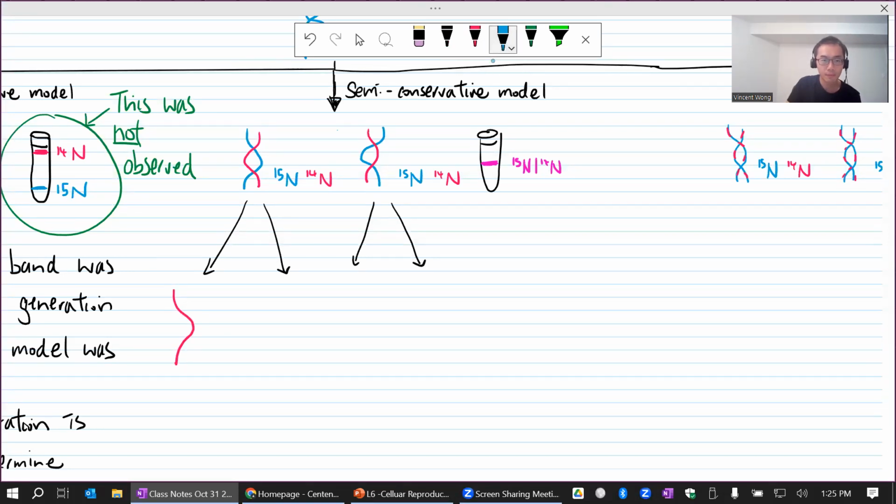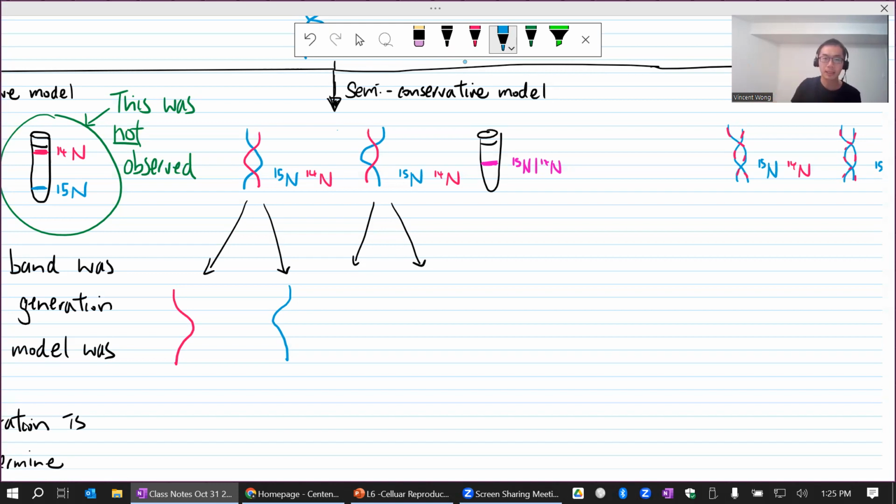And then you will build the other half. Is the new half going to be made of 14 or made of 15? It's going to be red or blue. Well, we didn't take it back to the 15, right?